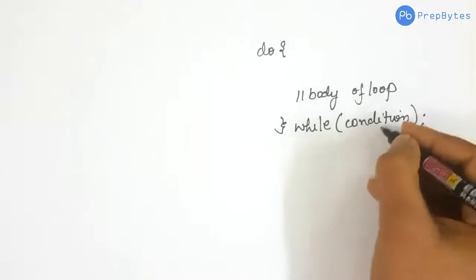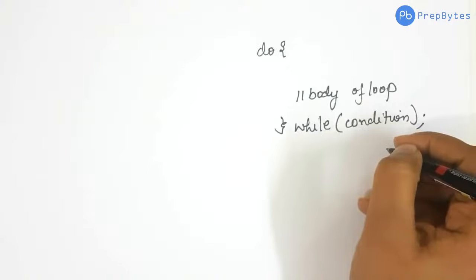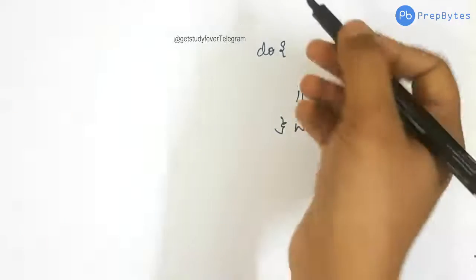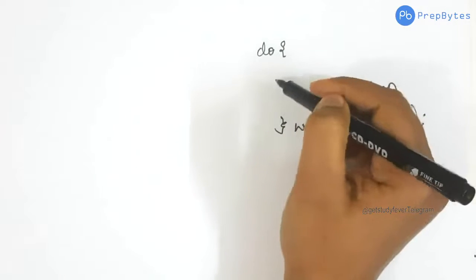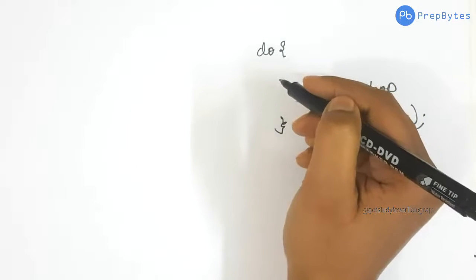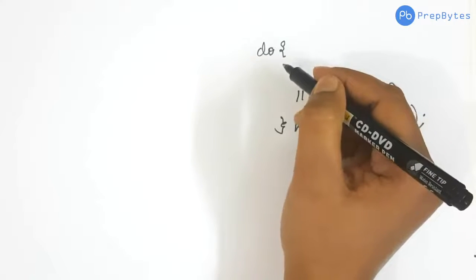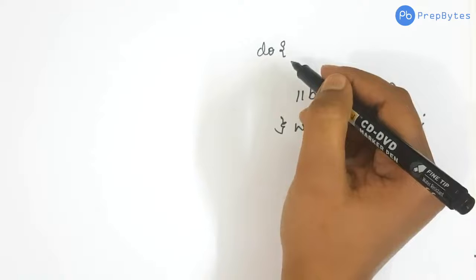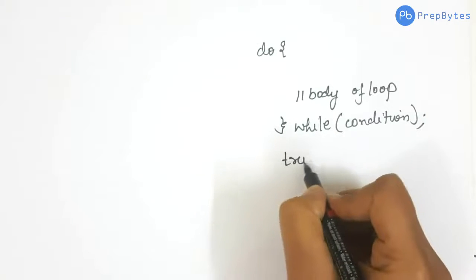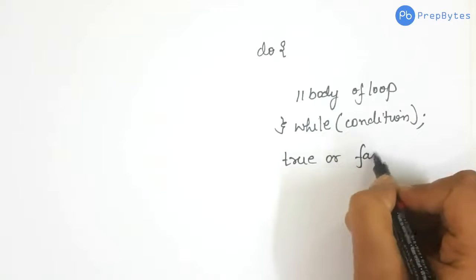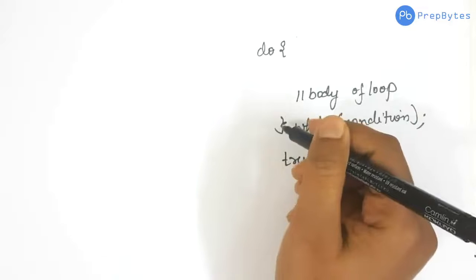So again in this it might happen that the condition is based on the value of a particular variable. So we can initialize it here also, or maybe inside, or we can also update it. So that depends upon the problem statement. So the difference between while and do while is that in do while it does not matter whether the condition is true or false. The loop will execute at least once.